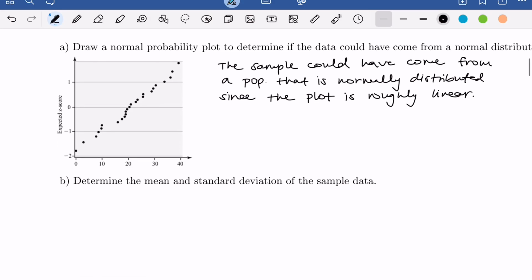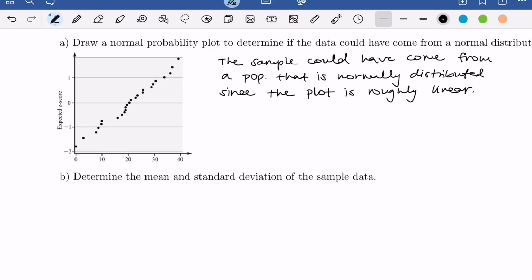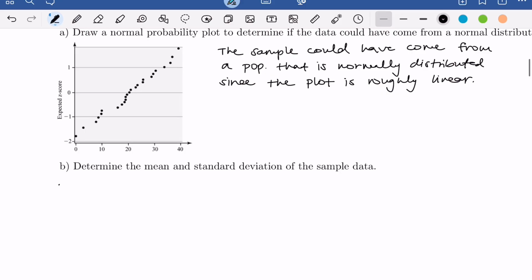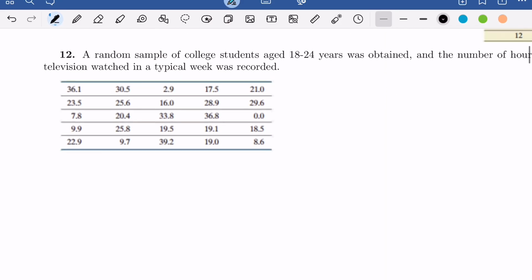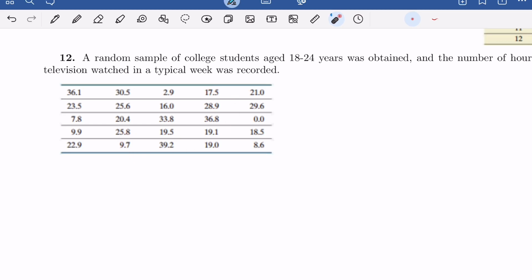For part B, we want to determine the mean and standard deviation of the sample data. Okay, so we know that the mean given by x bar here is going to be the sum of all of our values divided by the number of values that we have. Okay? So we're going to take the sum of all of the values in this table here, which I'm going to give to us.